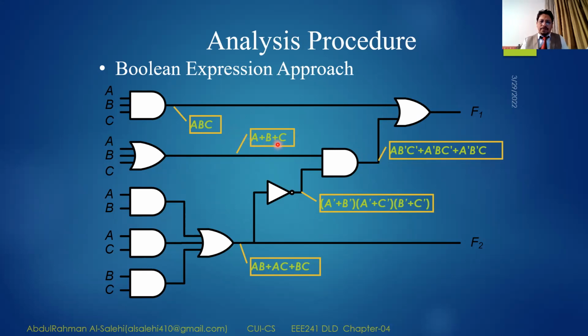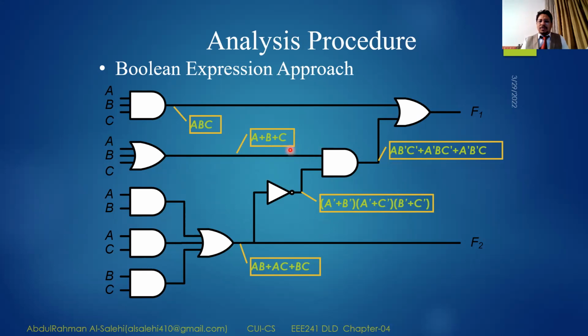Here, for example, if you multiply this value by this value, what will you get? A into A prime, so it will be 0. A into B prime will be there. And A into B prime into C prime is the first part, this one. Then here, B into A prime into C prime will be here again.